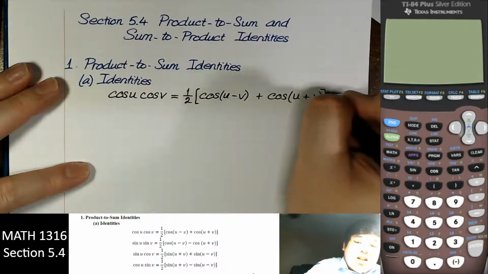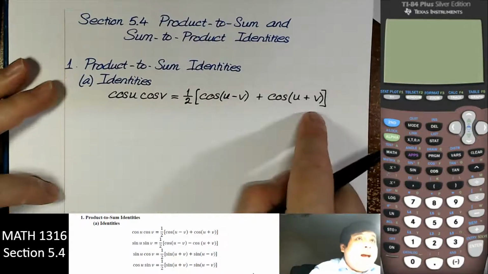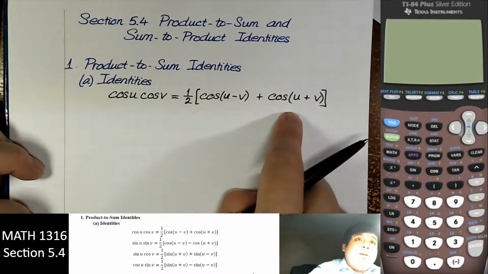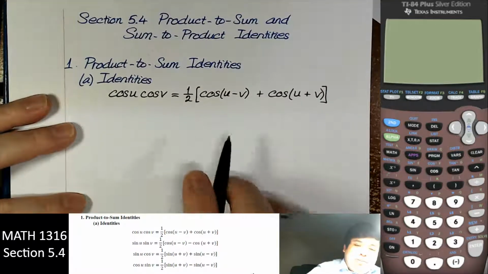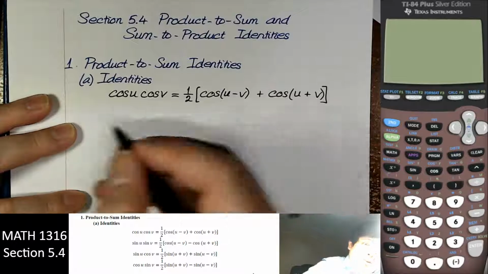Proving these identities is very simple. We just write down the formula for cosine of u minus v and cosine of u plus v, and then we add them, divide by 2. So it's very simple to prove this. We'll not even prove it.